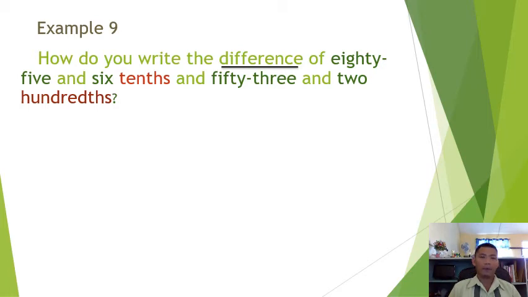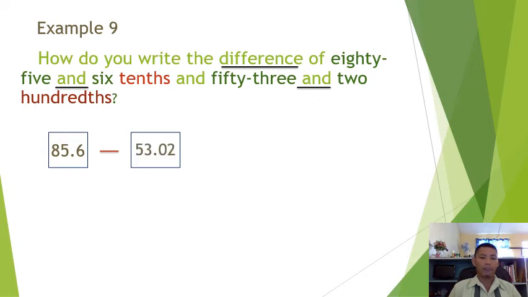So we will subtract the two numbers. The first number here is 85.6 or 85 and 6 tenths, minus 53.02 or 53 and 2 hundredths.